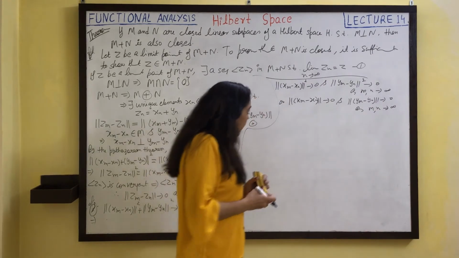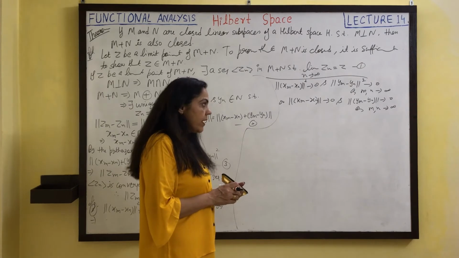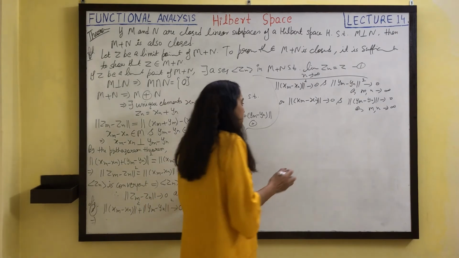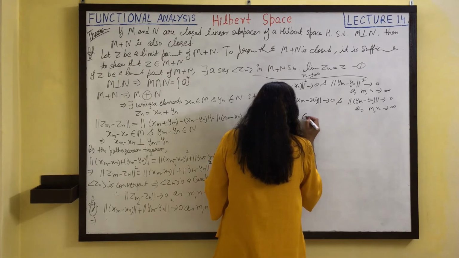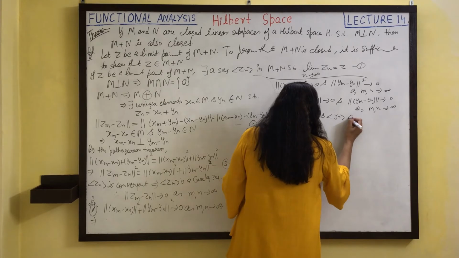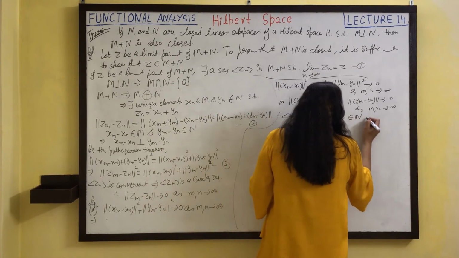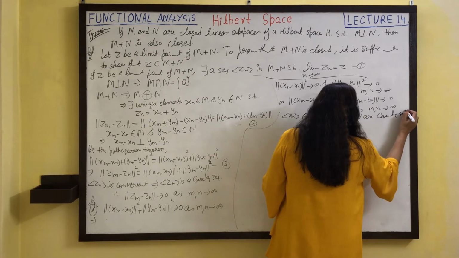Now from here we see that the sequences xn in M and yn in N are Cauchy sequences.